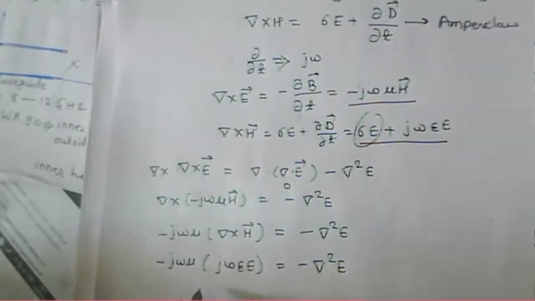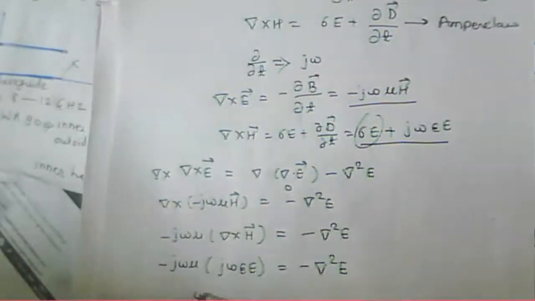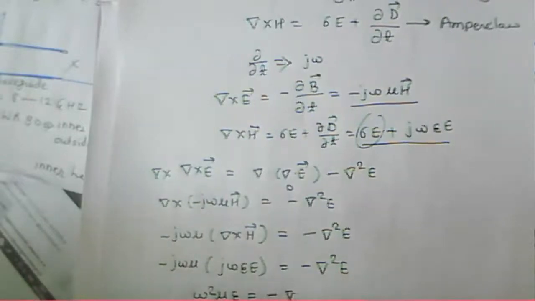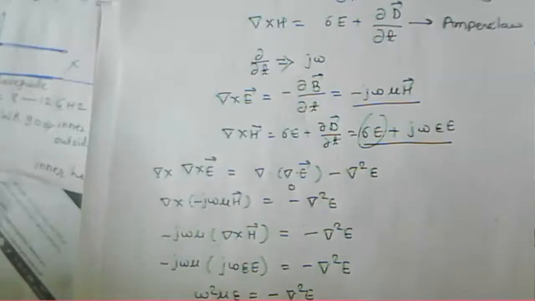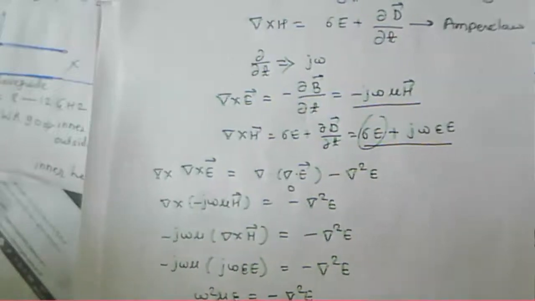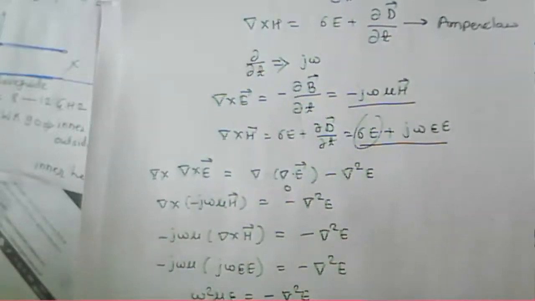Since j square is equal to minus 1, the minus signs get cancelled. We have omega square mu epsilon E is equal to minus del square E, or del square E plus omega square mu epsilon E is equal to 0. And this is nothing but what we call a wave equation.